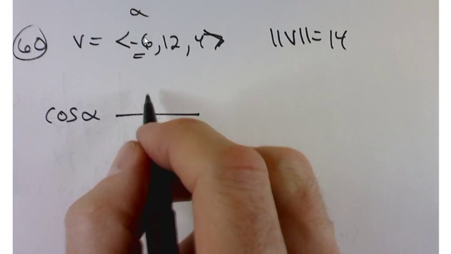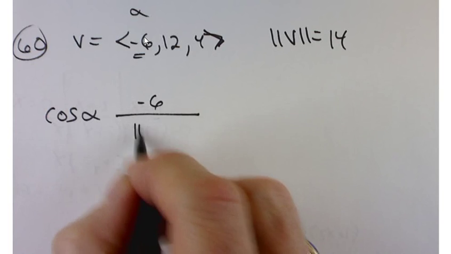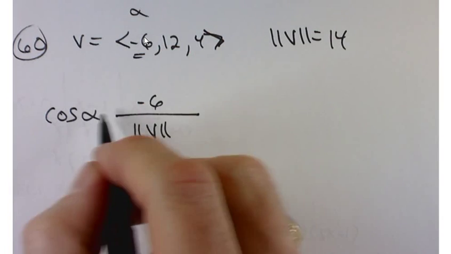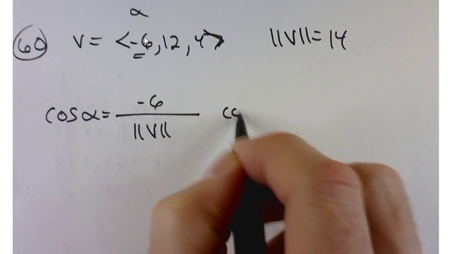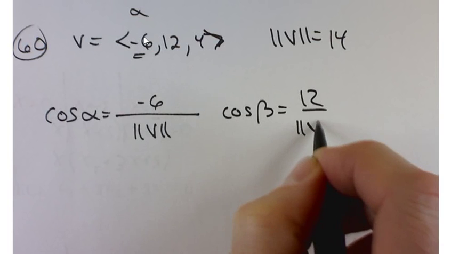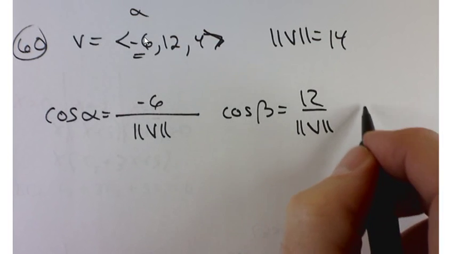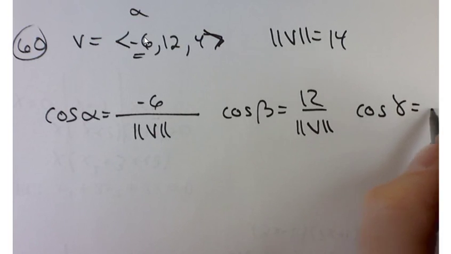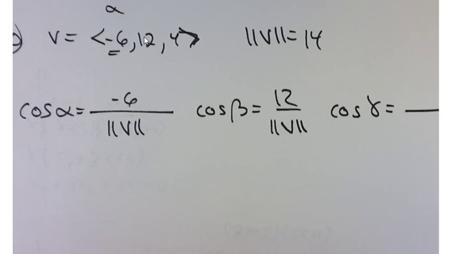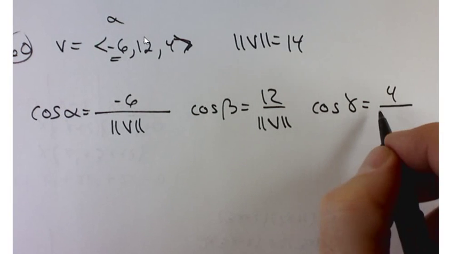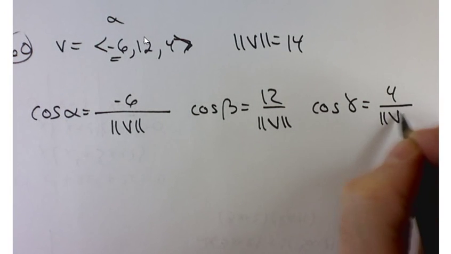So cosine alpha is negative 6 divided by the length of v. To find the next angle, we'll call that beta, cosine beta is going to be 12 divided by the length of v. And cosine gamma is going to be, well, any predictions? All right, way to go out on a limb on that one. I appreciate the bravery there. 4 divided by the length of v.